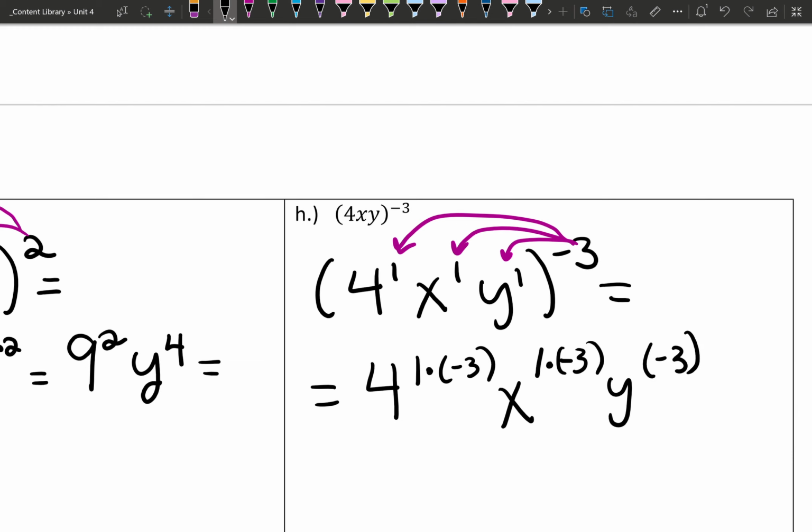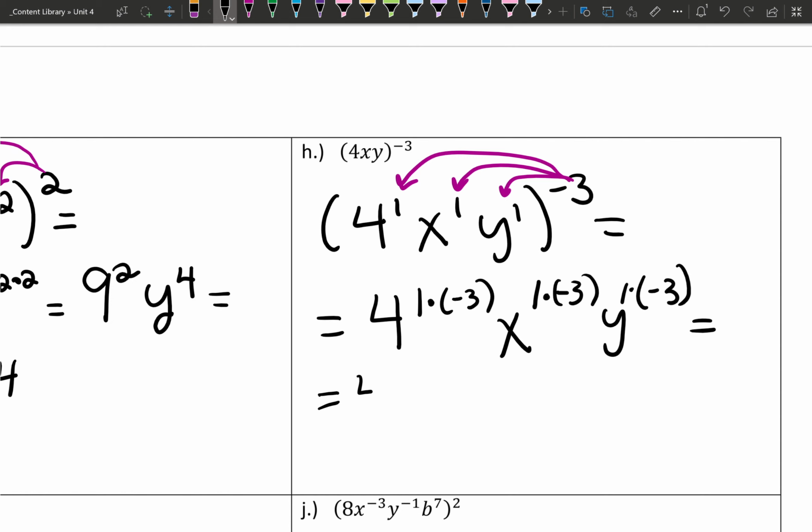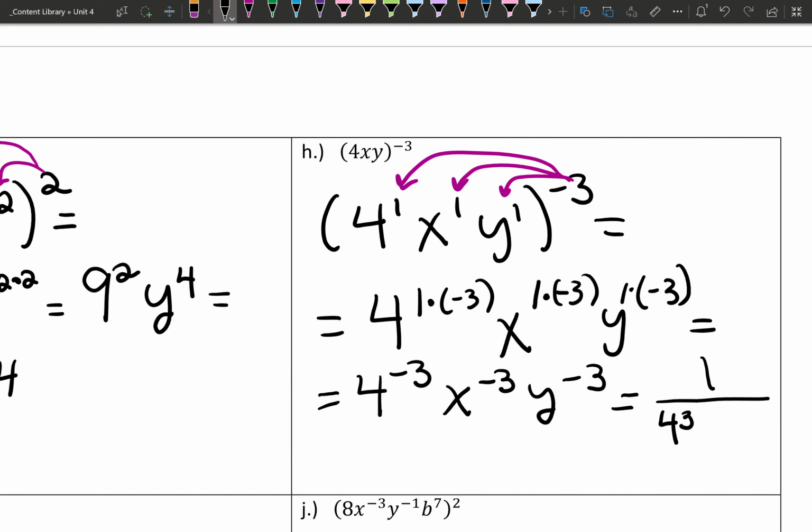Y to the power of 1 times negative 3. So that's 4 to the negative 3. X to the negative 3. Y to the negative 3. Which, of course, we flip to the bottom of our fraction and make them all positive. Almost done, just a little bit of simplifying left in this one.